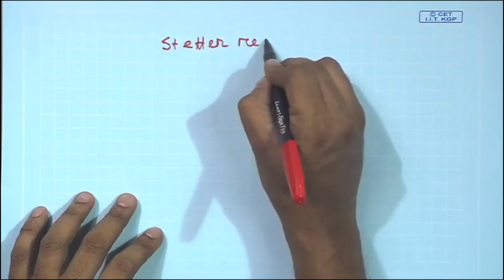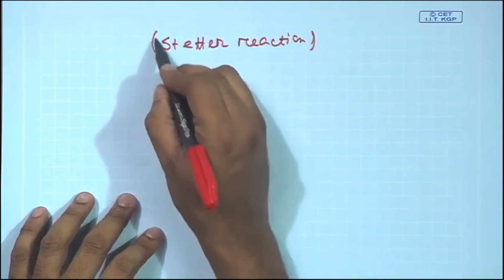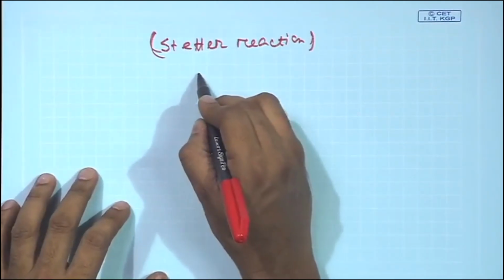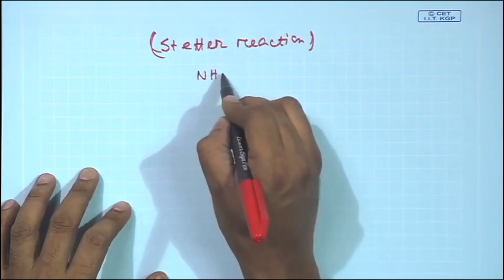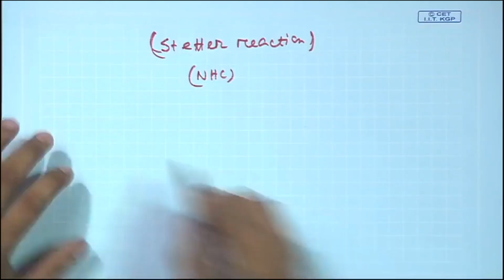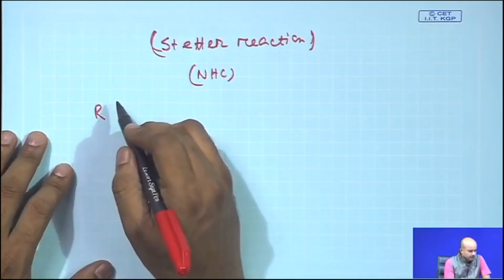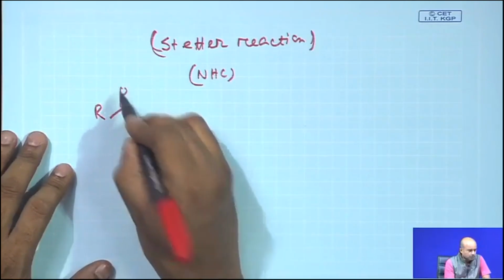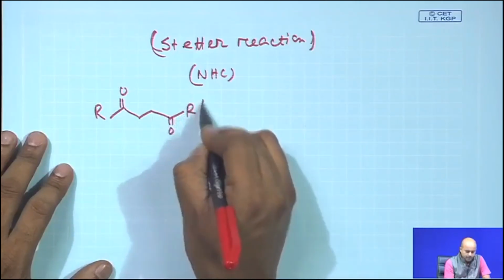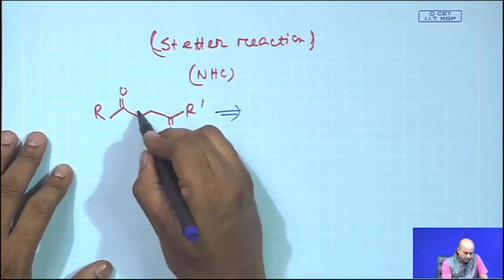Particularly, we have also discussed the Stetter reaction earlier. We said that the Stetter reaction is a synthetically very useful reaction which is catalyzed by N-heterocyclic carbenes. If you now try to do a simple disconnection of a molecule like this 1,4-dicarbonyl compound, you can easily do the disconnection, followed by this.